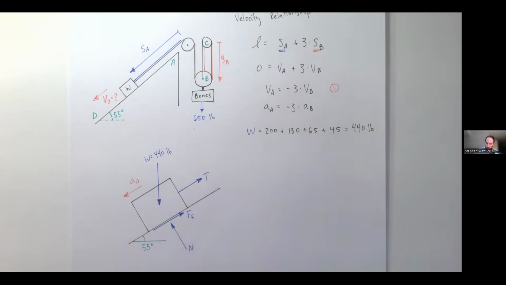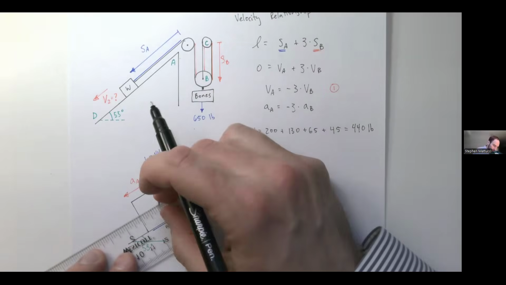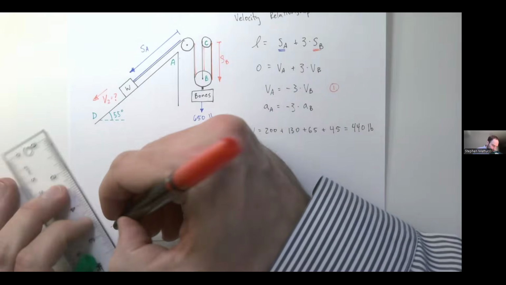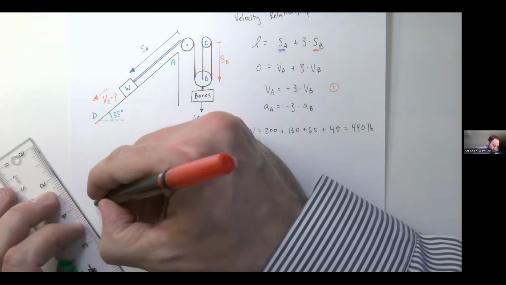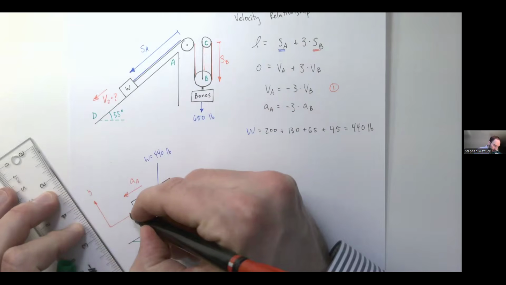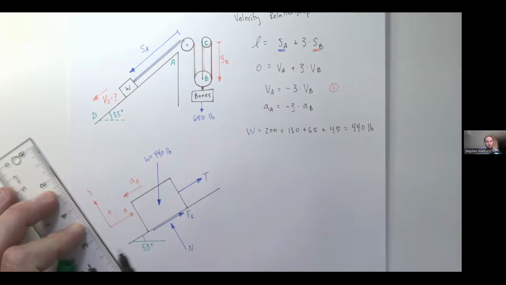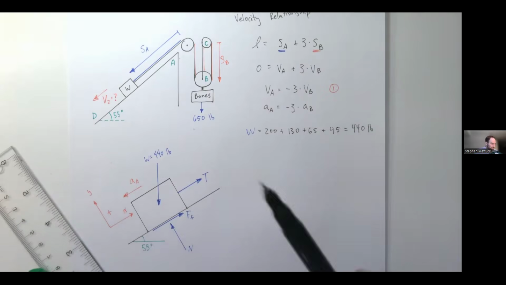So what I want to do is just define my y and x coordinates like this. So positive x up the roof, and then perpendicular is the positive y.